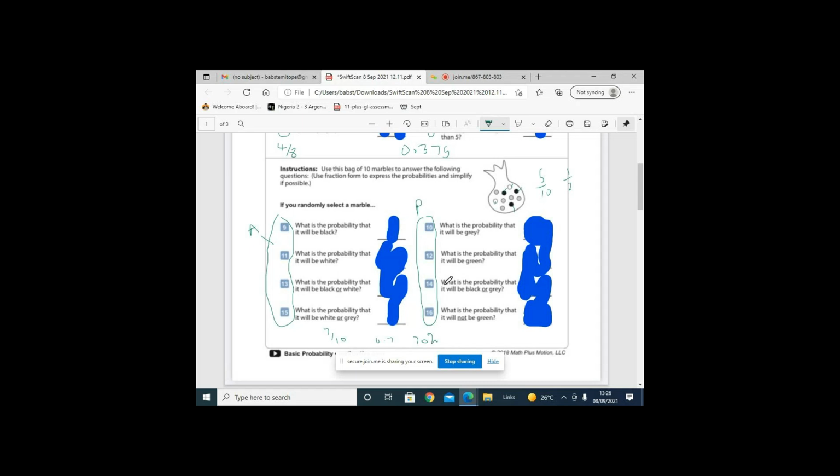Then 14 is 8 over 10, decimal is 0.8, which is 80%. Then number 16 is 10 over 10, which is 100%. Good.